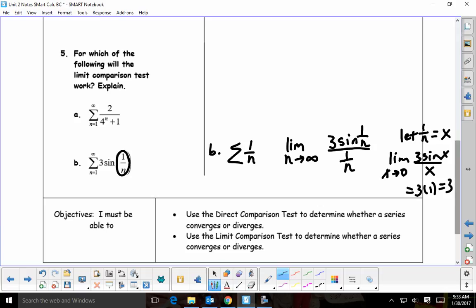So 3 is both finite and positive, so this series is going to do the same as that series. And that one diverged by the p-series. This is what series? Harmonic, which means this one also diverges. They just have to do the same, by the limit comparison test.